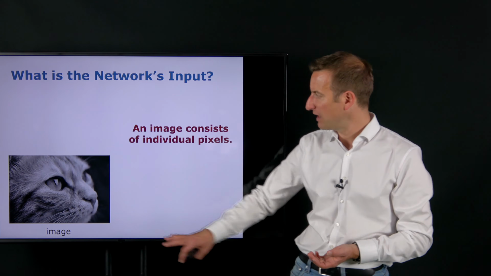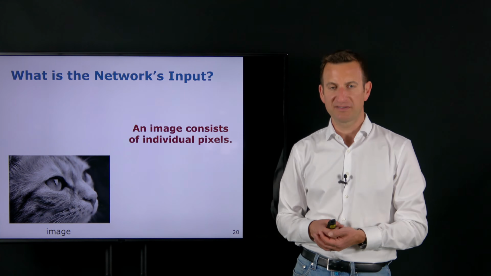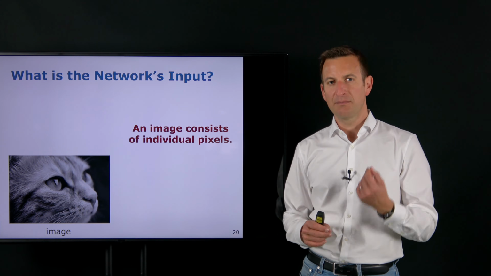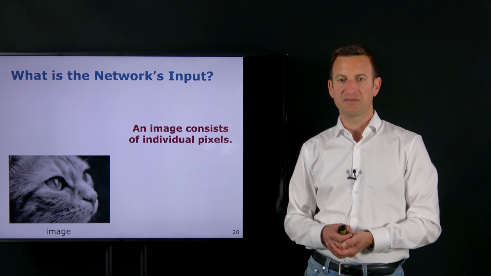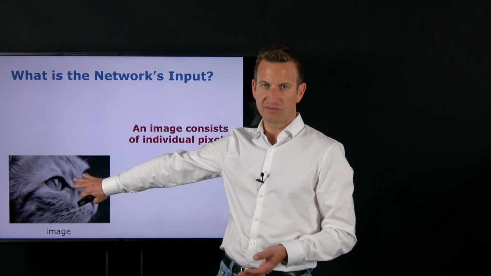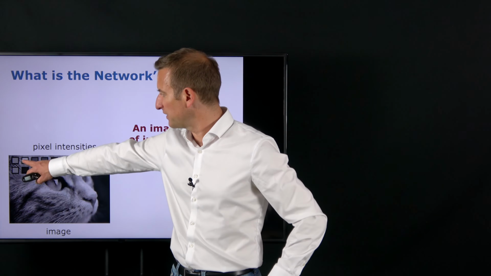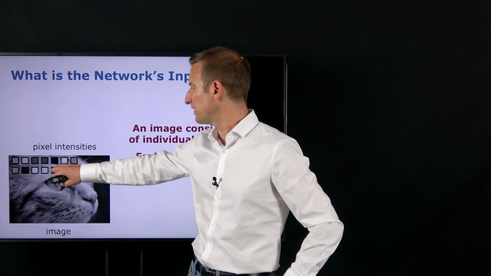So we have our image, and our image consists of individual pixels. And for now, let's assume that's a grayscale image. That means for every pixel, we have a grayscale value, a value between 0 and 255, for example. So this image consists of pixels, right? Here is just an illustration. There's a light gray pixel, even lighter, darker gray, dark gray, black pixel, white pixel, gray pixel, and so on and so forth.